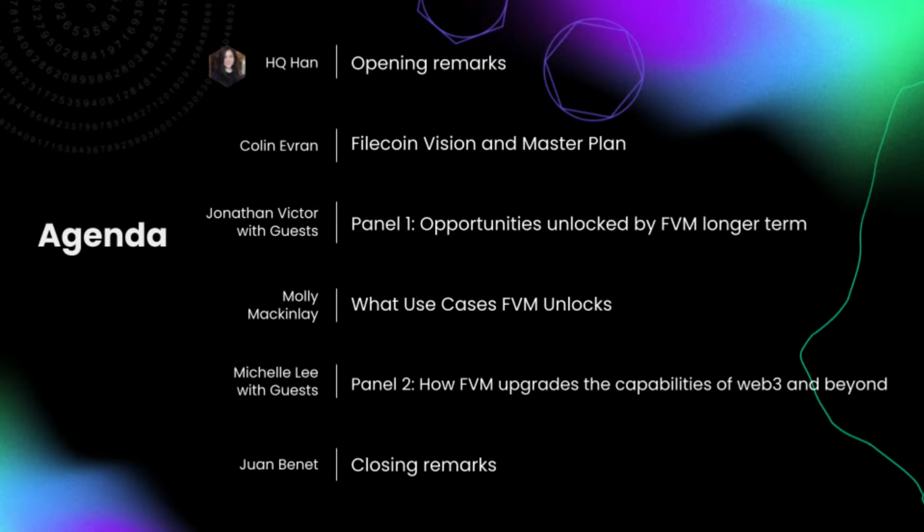Next, we have the first panel for today, which will be covering long-term opportunities with the FVM with Jonathan Victor and a couple of guests. Next, we'll move on to Molly, who will really give us a lot of color around the use cases and the builders that are enabled by the FVM. And next will be panel 2, which will cover how the FVM upgrades capabilities of Web3 and beyond. And then we'll close off with a very strong note with Juan Benet, our CEO and founder, as he looks forward with the FVM.